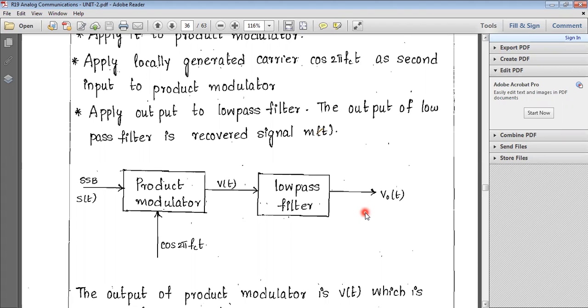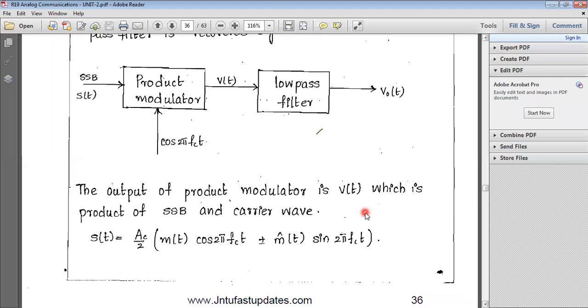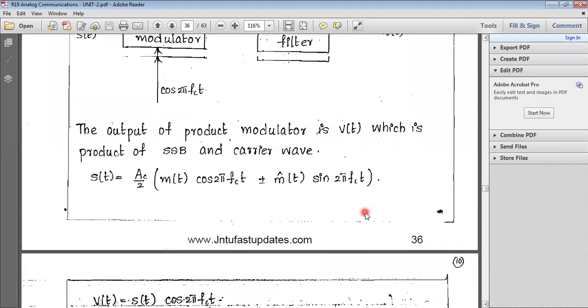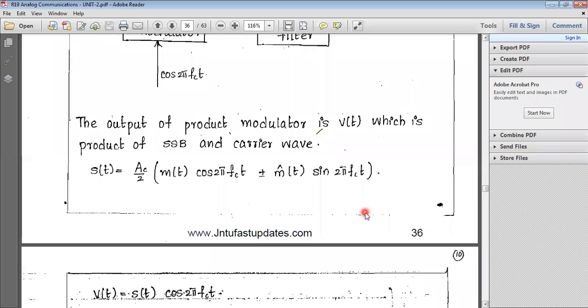Now coming to the mathematical analysis. Take the SSB wave signal, that is the input signal S of t. Already we calculated the SSB wave. What is the signal representation for SSB?